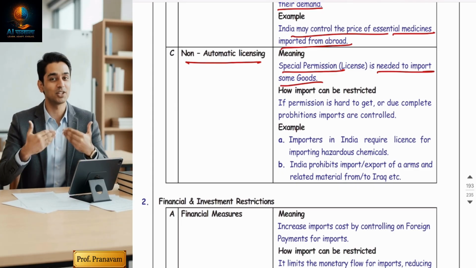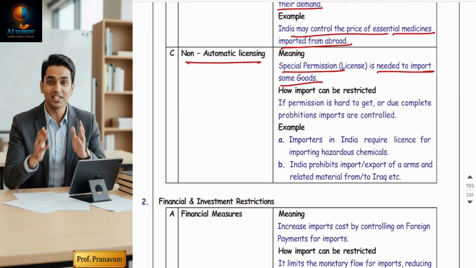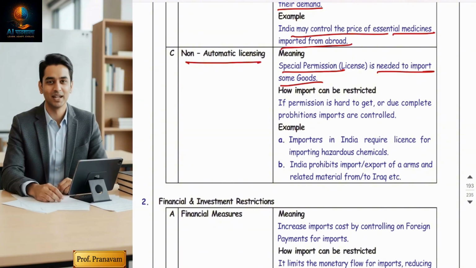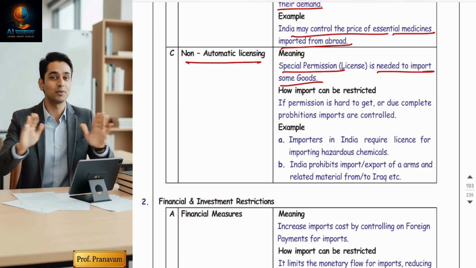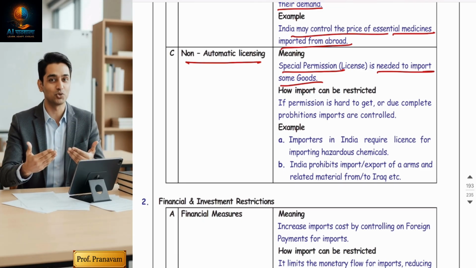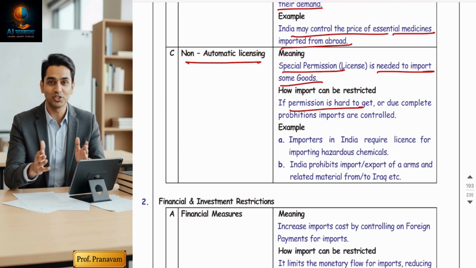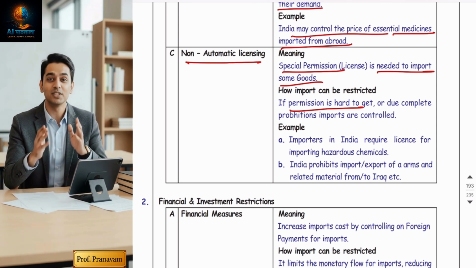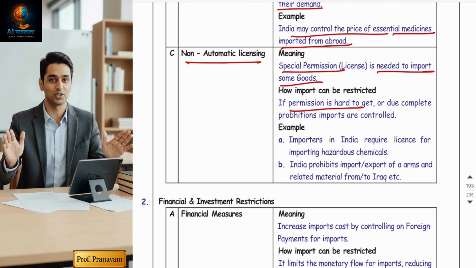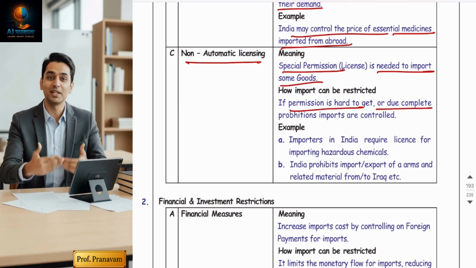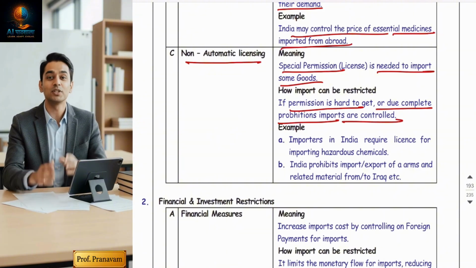These can be imported only by a few companies based on the license. Only a license holder can import those particular goods. So import is restricted. If the government wants to restrict the import, they raise the level of permission. Giving a license becomes procedural and very difficult, and so imports are controlled.